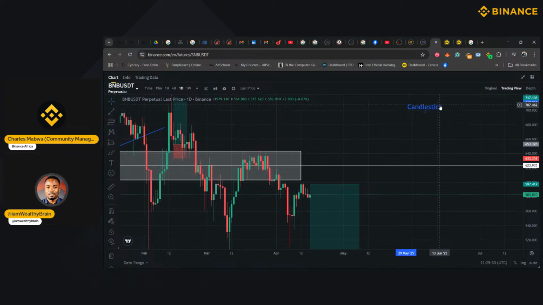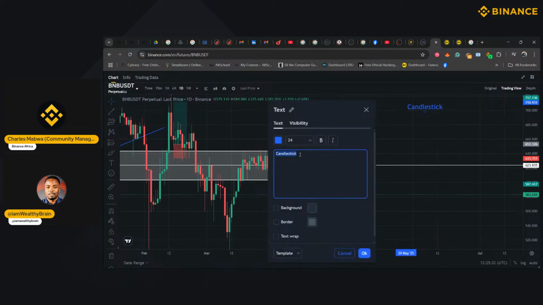The next point we will be looking at is market structure. We also have the outlook of the market, the nature of the market.